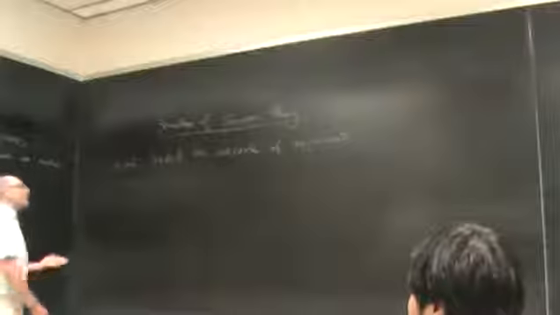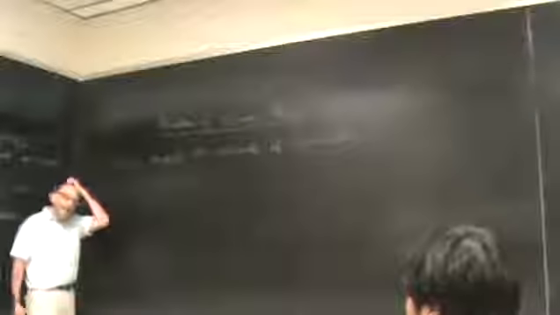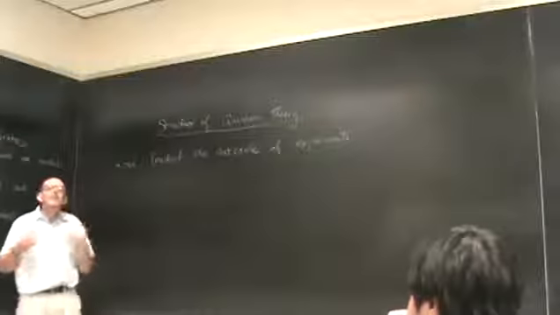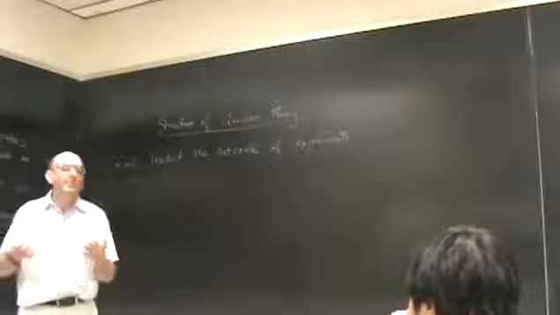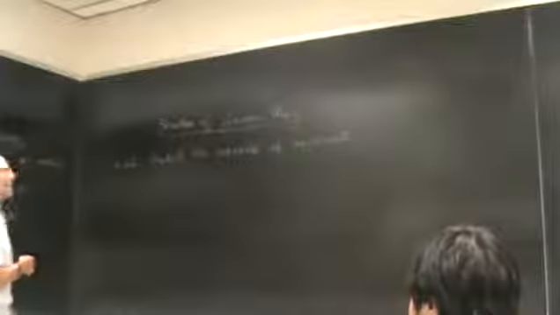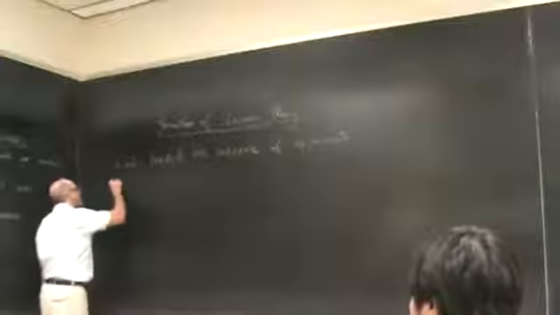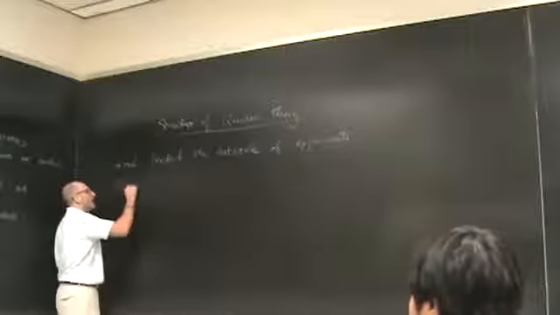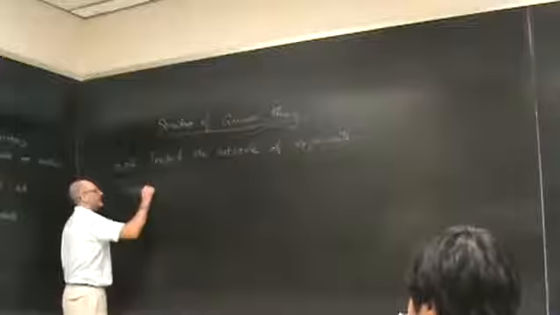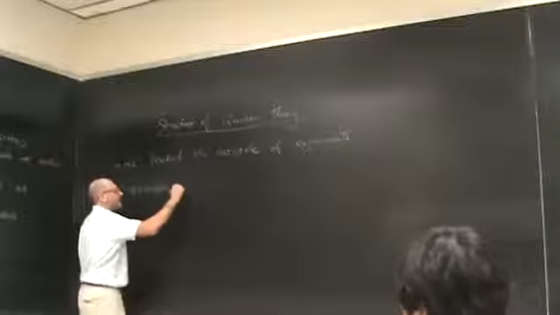So, the structure that we're going to use was really at some level laid down at the beginning. Okay? So there's the so-called Copenhagen interpretation.